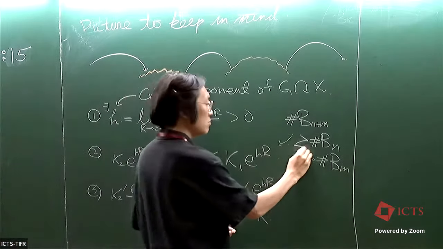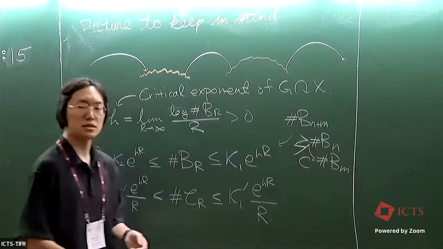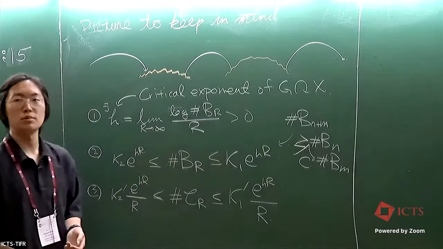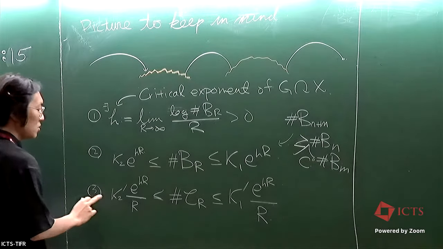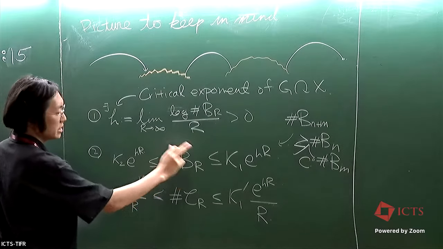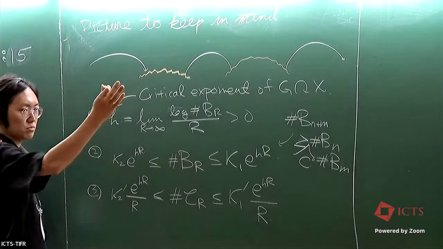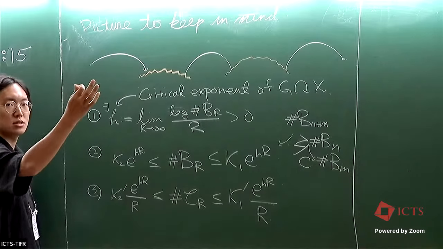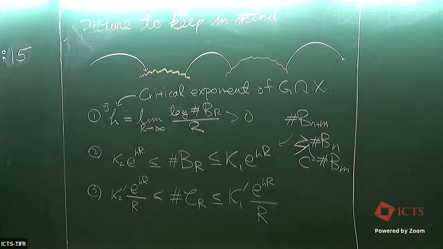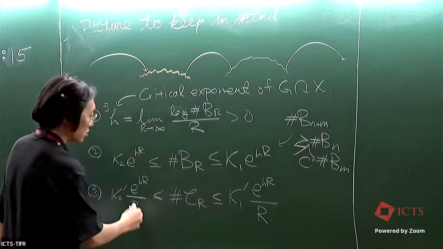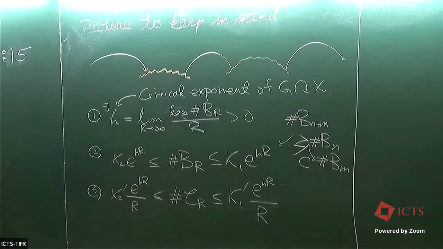You should embrace some constant, but that's absorbed by this K1, so it's fine. And finally, we related the geodesic between orbit points to the conjugacy classes. So it was more or less a linear-to-one map. It was via a linear-to-one map that we established the upper bound, and also we observed the lower bound.